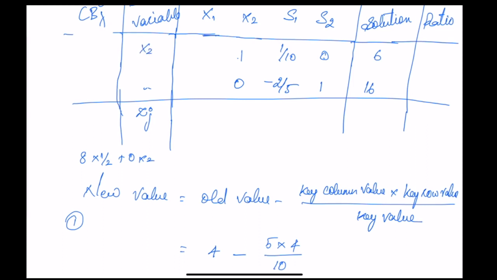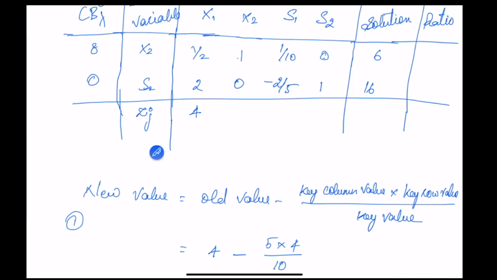Kindly keep it in mind. This is S2, 1 by 2 and 2. So 8 into 1 by 2, we shall cancel this out. 4. 4 plus 0 into 2 is 0. So this is 4. So here we will have 4.